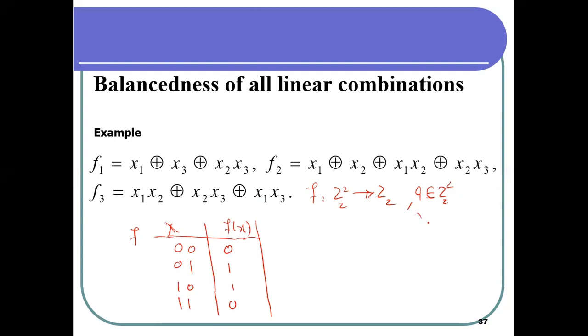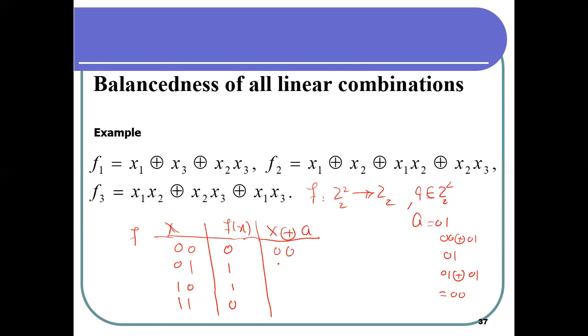I take a as 01, which has Hamming weight 1. Then I have to calculate x XOR a. 00 XOR 01 gives 01. So 00 XOR 01 gives 01.